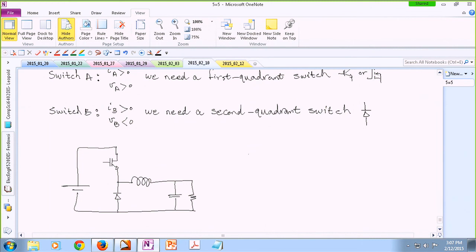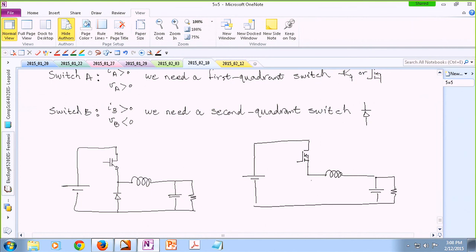Although I can argue that I can use two MOSFETs to build this thing. All right, this is the top MOSFET. And this is the body of the second MOSFET.